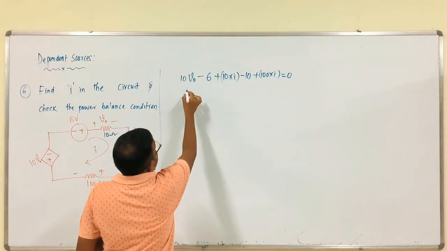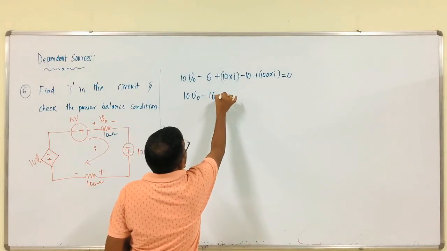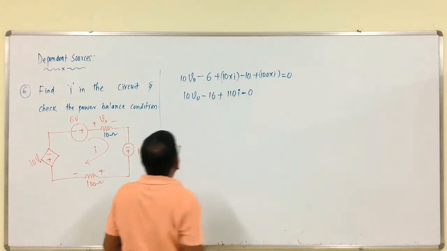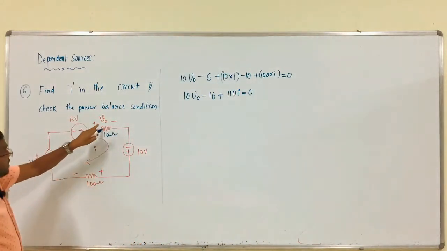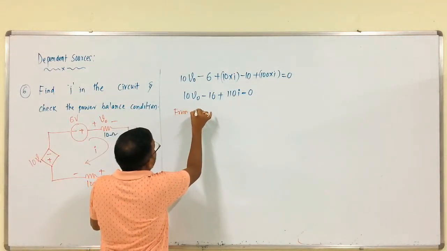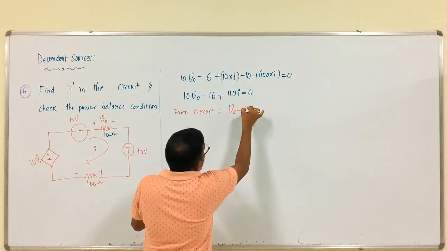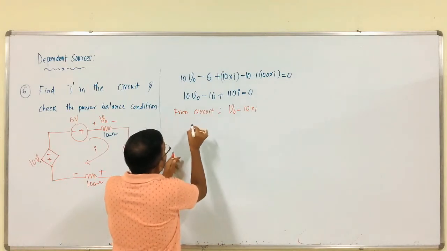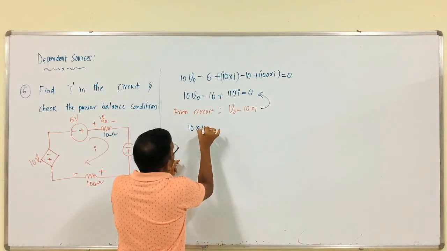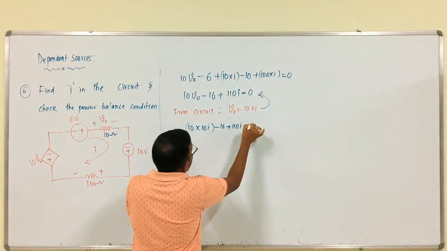That is 10 V naught minus 6 minus 10, minus 16, plus 10 I plus 100 I, 110 I, which is equal to 0. From the circuit we all know that V naught is equal to 10 into I. Therefore, 10 into 10 I minus 16 plus 110 I is equal to 0.